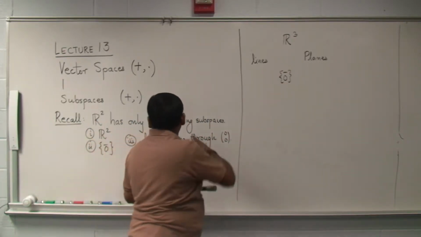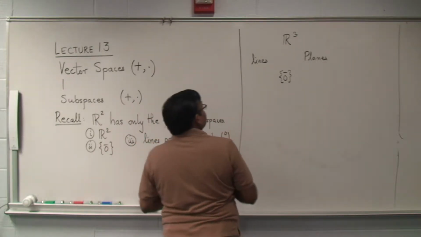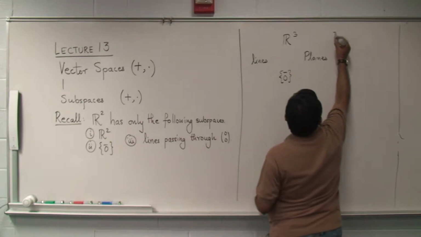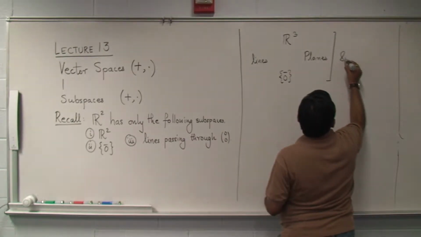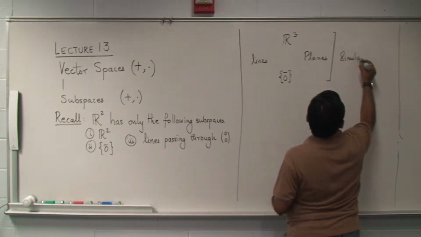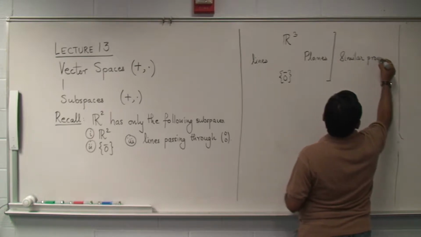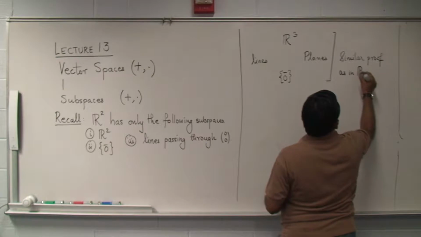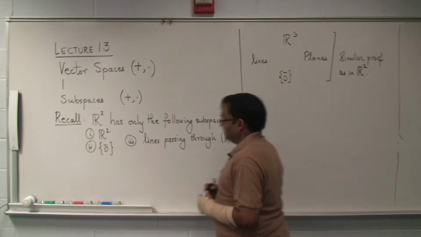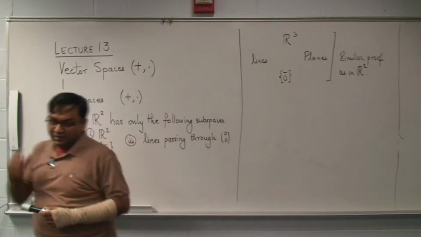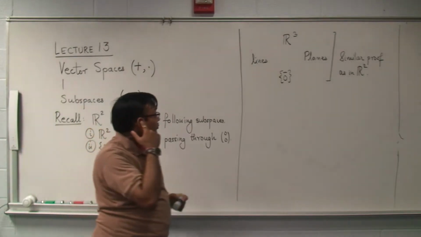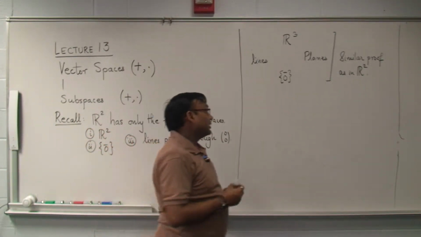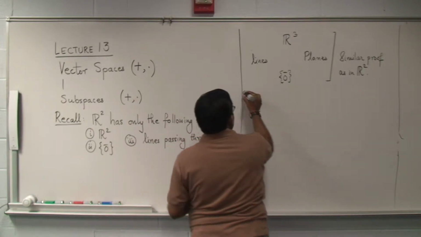And the proof that we did for R2, you can just extend that proof for R3 also. This will be a good exercise for you to try to set it up and write down a proof for R3 and see how it works.